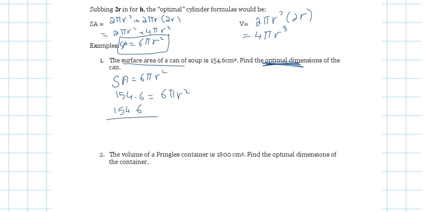So make sure that you put the 6 pi in brackets in the calculator. What do you get? So I have 8.2 equals r squared. Then square root. That gives you 2.9 centimeters.